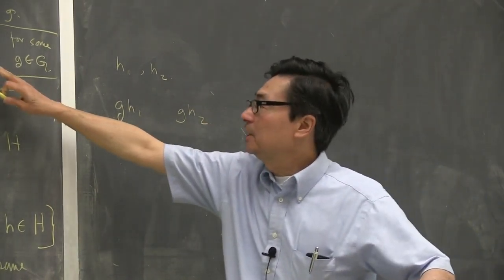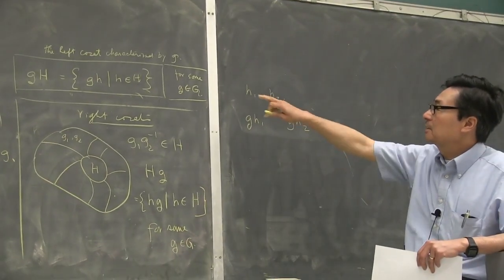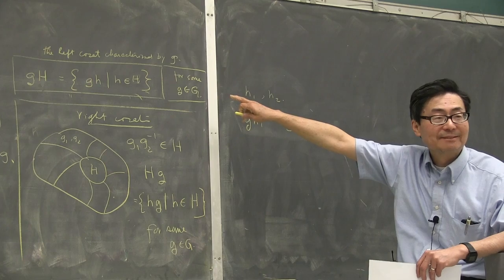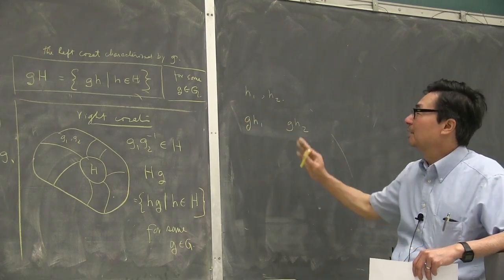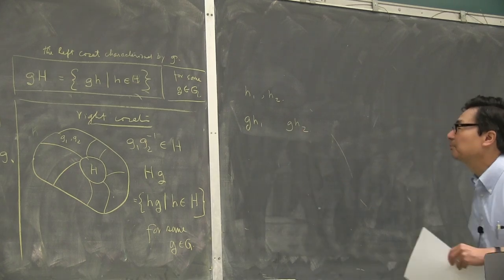As this way of writing the coset implies, these two must be two elements in the same left coset, in other words, that left coset that's characterized by this g in here.